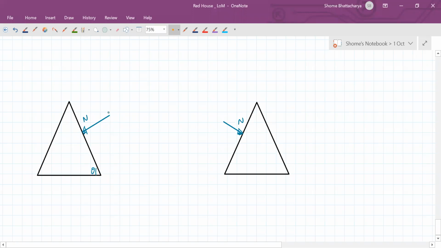So if this angle is theta, this one will be at theta to the vertical.